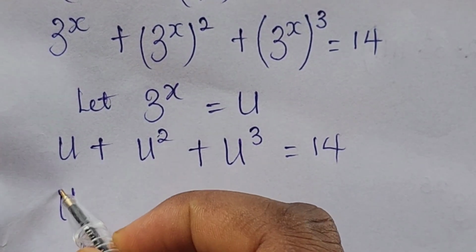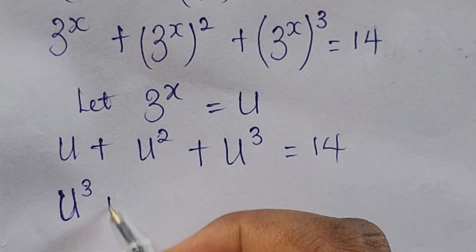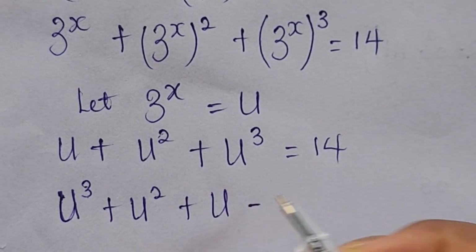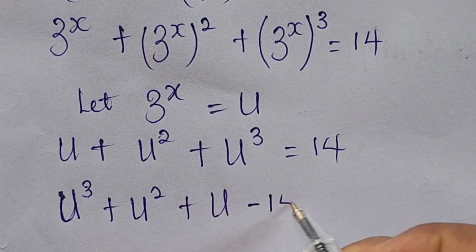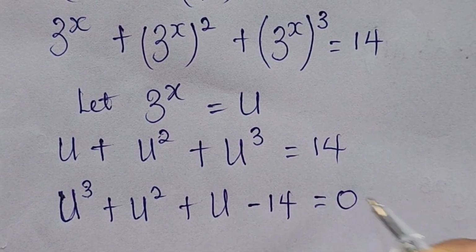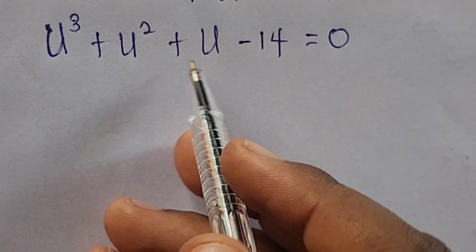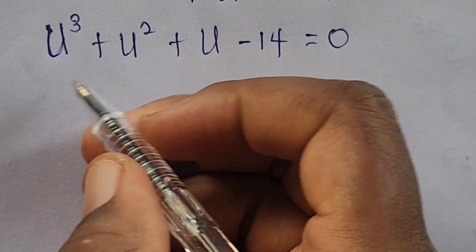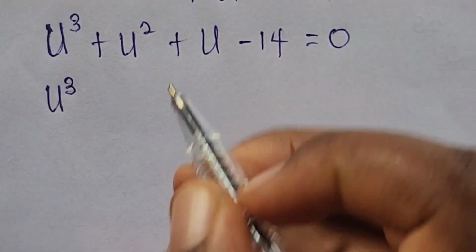When we rearrange it, we have u to the power of 3 plus u to the power of 2 plus u minus 14, crossing over becomes negative, and is equal to 0. So we want to resolve this equation. Our u cube, we have u to the power of 3.